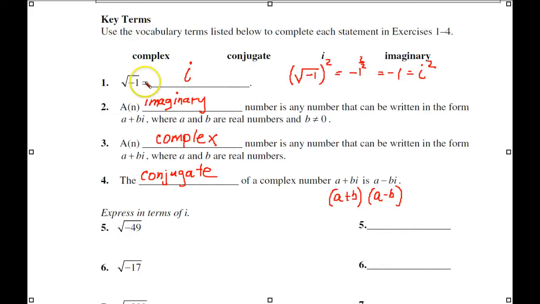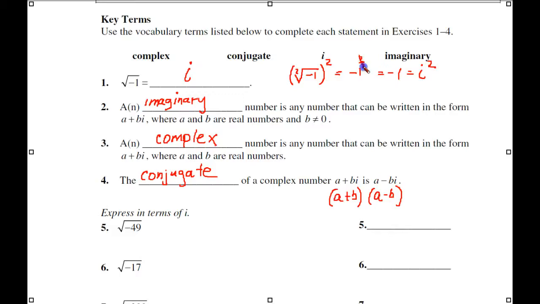Some important things to note that we will be defining in this section: the square root of -1 as the lowercase letter i. Watch what happens if we square lowercase letter i, the square root of -1. We take away the radical sign. Remember, there's a 2 there. We place that 2 under the 2.